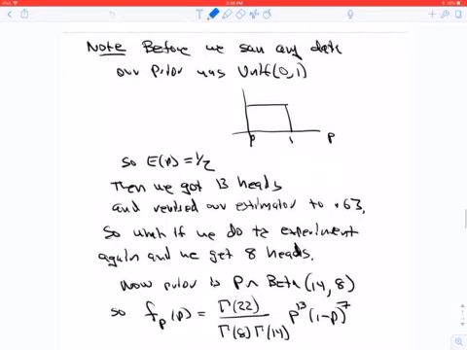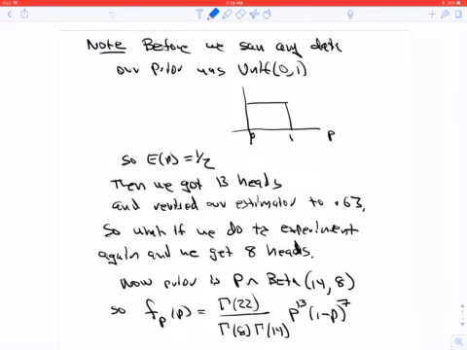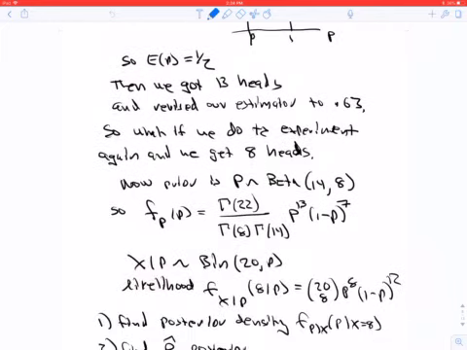Let's say that we perform the experiment again, and this time we get 8 heads. So we're going to make our posterior from before our new prior, and we have a new likelihood as well, reflecting the fact that now we have 8 heads.